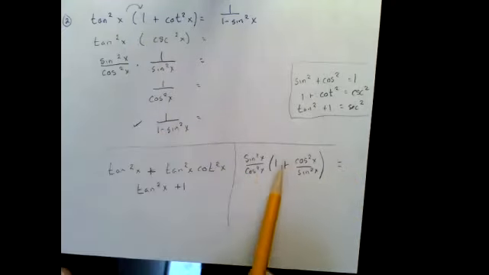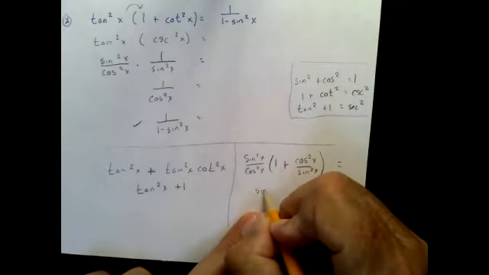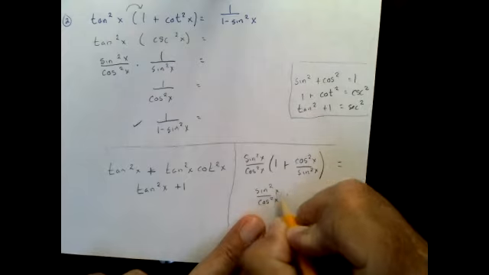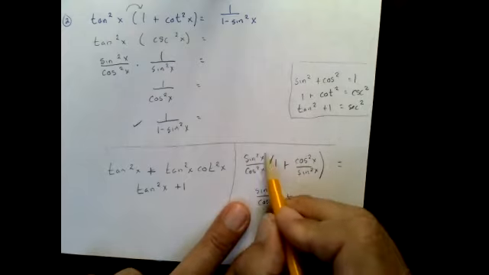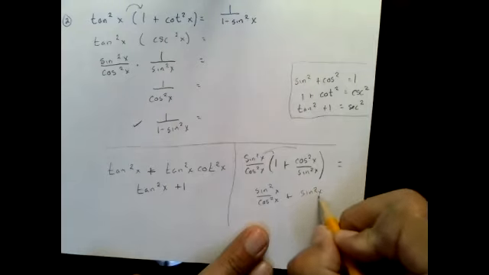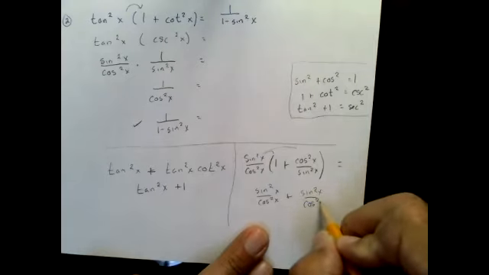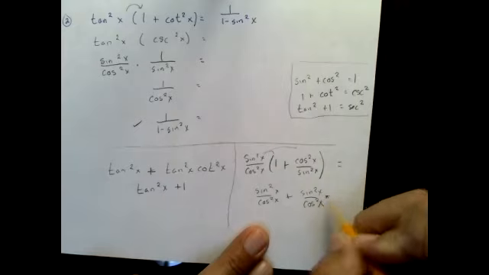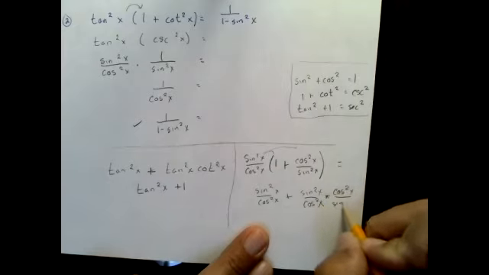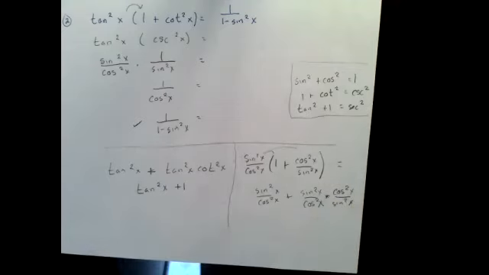So now when I distribute, I get sine squared over cosine squared plus sine squared of x over cosine squared of x times cosine squared of x over sine squared of x. Sorry, I'm writing sloppy because I'm excited. These all cancel, so that would give me a 1.